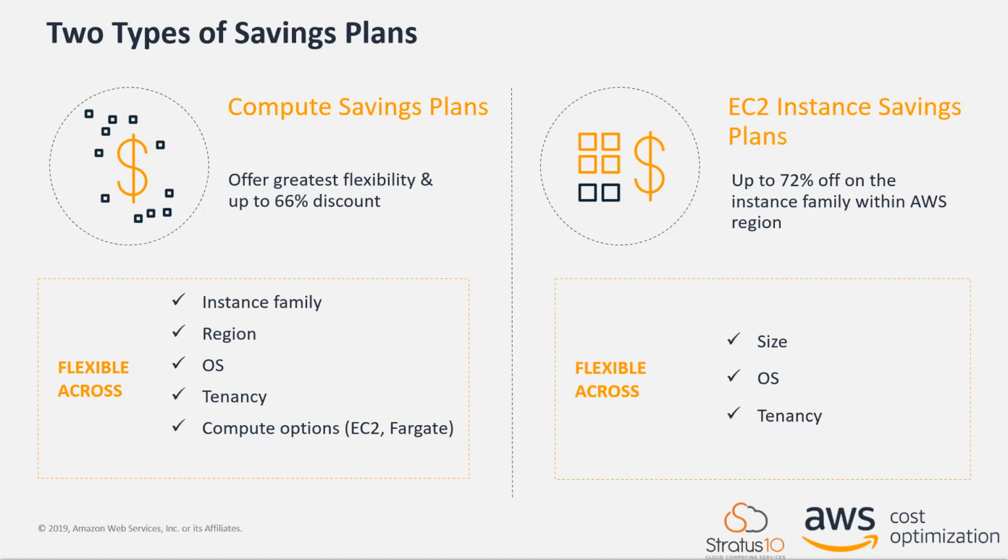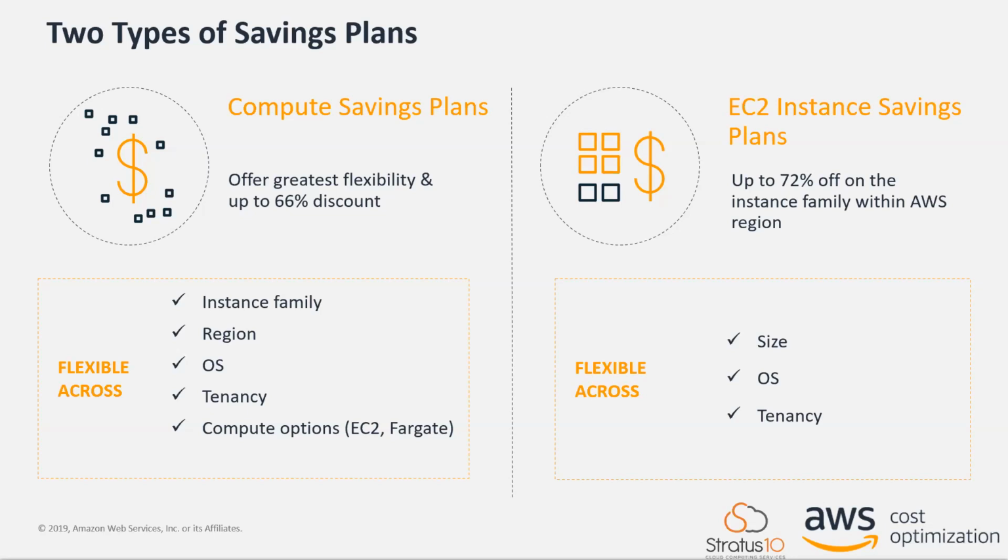A large reserved instance customer with a global footprint will have multiple EC2 savings plans, such as C5 in EU in one plan and a P3 in US West in another plan. Okay. While a Compute Savings Plan provides the greatest flexibility and helps reduce usage costs by up to 66%.